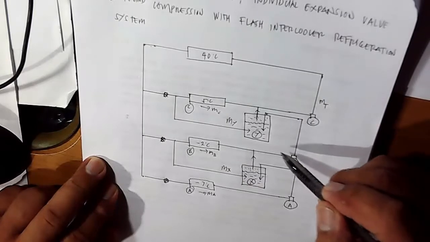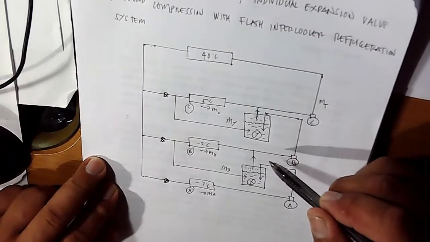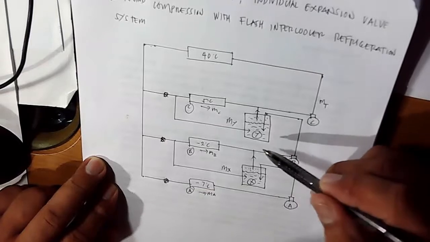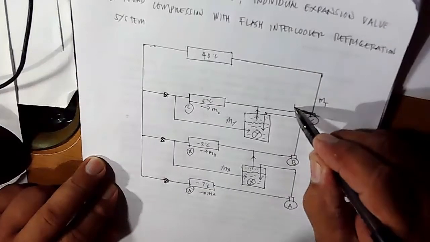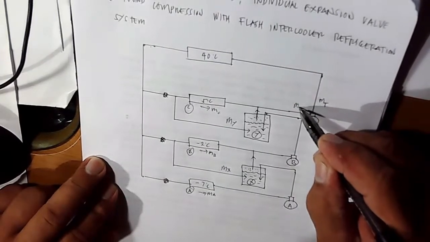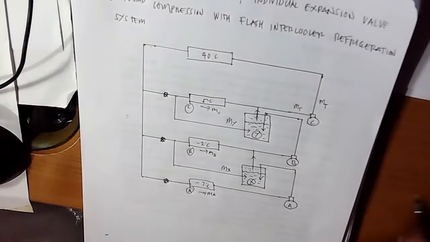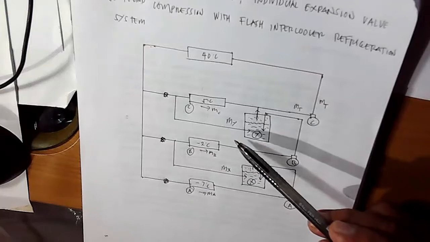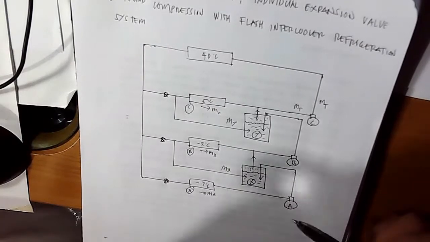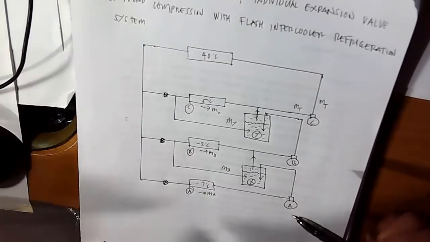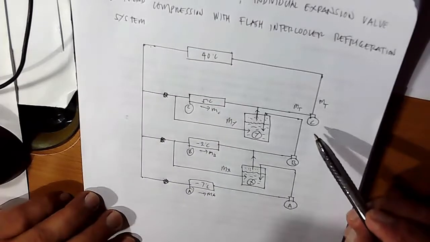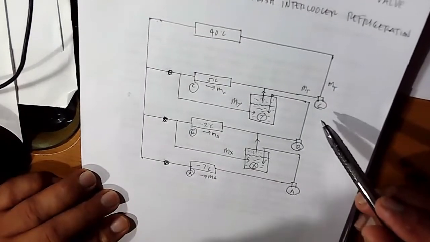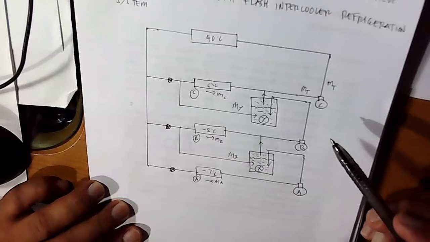After all of these masses of refrigerant pass through intercooler Y, we have also here mass total. Mass total is the summation of all of these masses, so mass A, mass B, mass C, mass Y, and mass X, and they are compressed all of them into compressor C. So it is called compound compression.